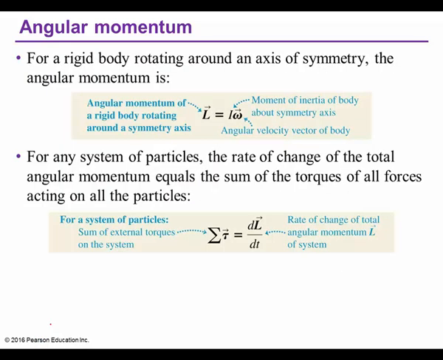Okay. So again, angular momentum is the moment of inertia, as I was just showing you a minute ago, times the what? Angular velocity. So there's your equation. And, of course, what are the units for angular momentum? Remember now, moment of inertia is kilograms meters squared, and then we've got radians per second.